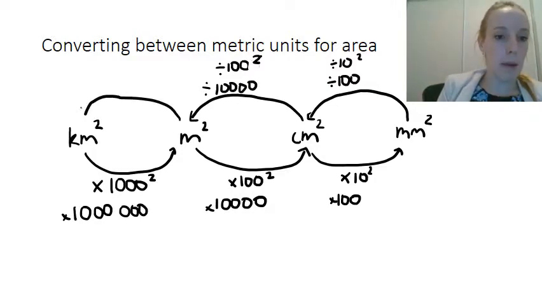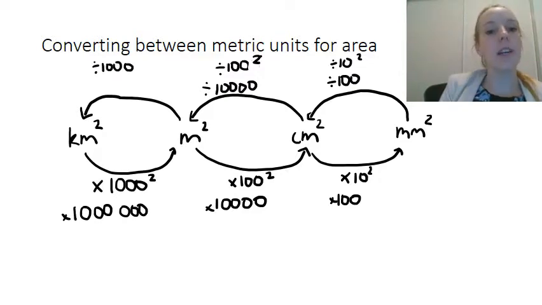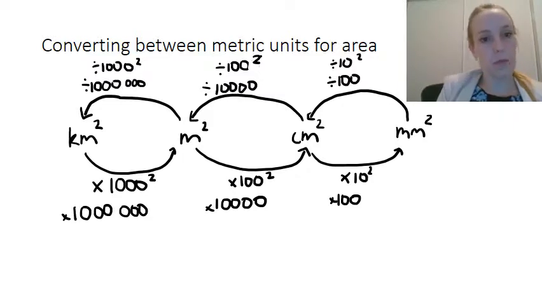And to go from meters to kilometers, normally you divide by 1,000, but because obviously it's meters squared to kilometers squared, you're dividing by 1,000 squared, which is dividing by 1,000 times 1,000. So that's what we do to convert between our metric units there.